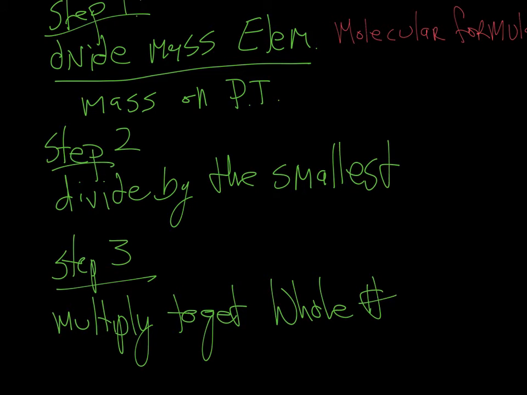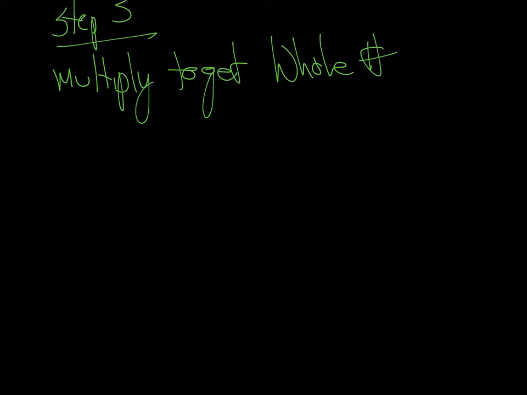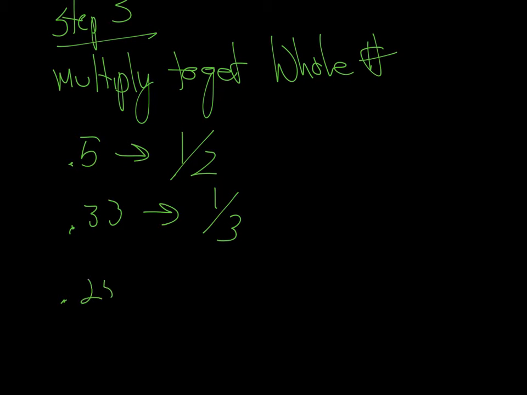Now, when you're doing that, you have to consider the fact that things like 0.5 means a half. 0.3 repeating means a third. 0.25 is a fourth. So if I have these decimals like this, and I want to get rid of them, to get rid of a half, I have to multiply by 2.